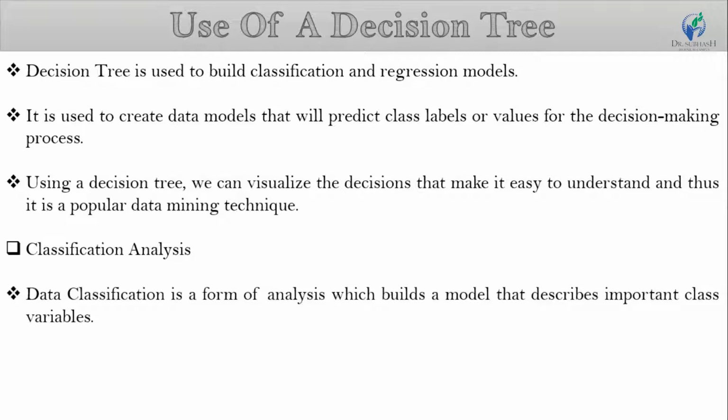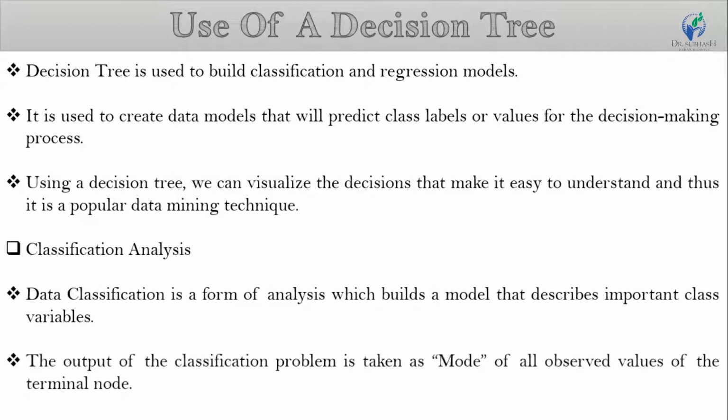Classification models are used in machine learning and pattern recognition. Applications of classification include fraud detection, medical diagnosis, target marketing, etc. The output of a classification problem is taken as the mode of all observed values of the terminal node.